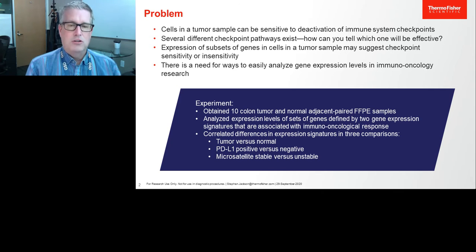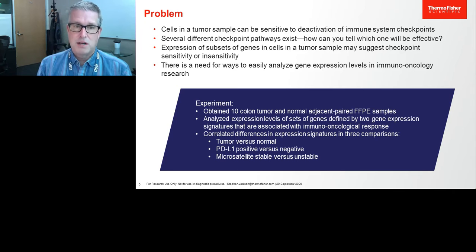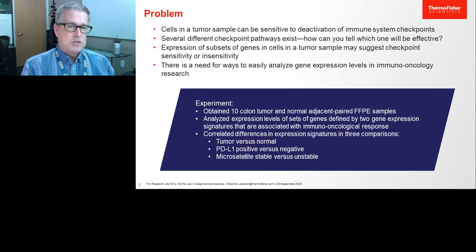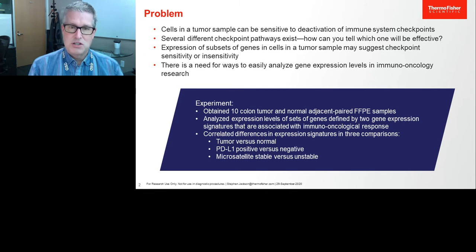So over the course of this talk, I'll basically make use of an experiment that we did where we obtained 10 colon tumor and normal adjacent FFPE samples. We analyzed expression levels of these genes by looking at two gene expression signatures that were defined in publications that came out recently. These expression signatures are associated with immuno-oncological response.